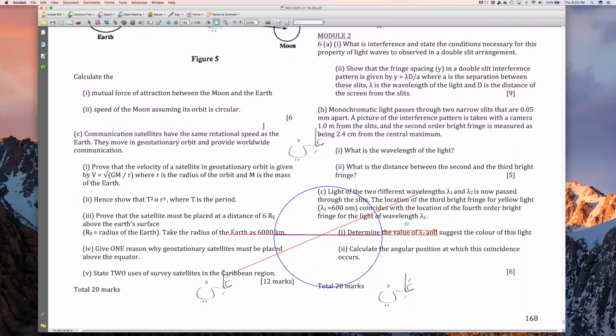The criteria for a geosynchronous orbit is that this distance, the height, must be 6R from the surface. If you're talking from the center of the Earth, of course, it's going to be 7R.